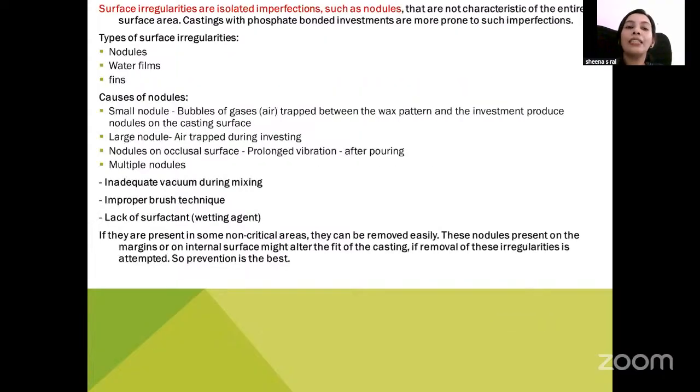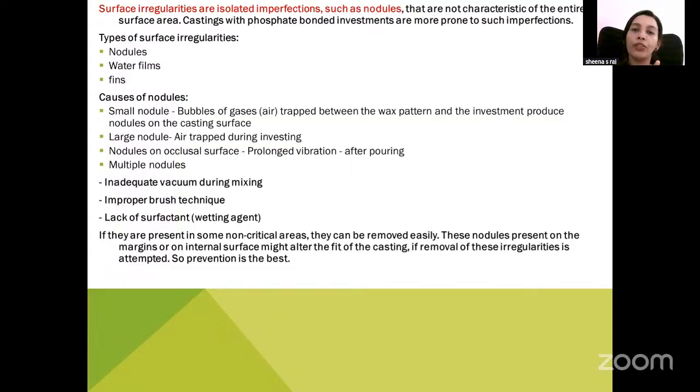All these surface irregularities are mostly seen on the surface area, and casting with phosphate bonded investment is more prone to such imperfections. This is another neat question. Which of the investment materials has the most casting defects? That is phosphate bonded investments. Normally the irregularities seen are three important things: the nodules, water films, and fins.